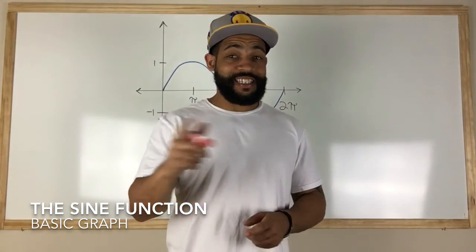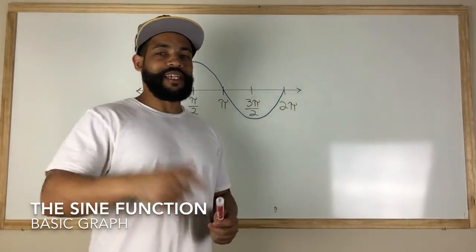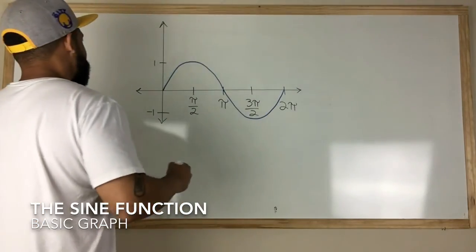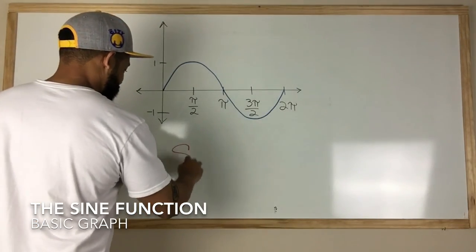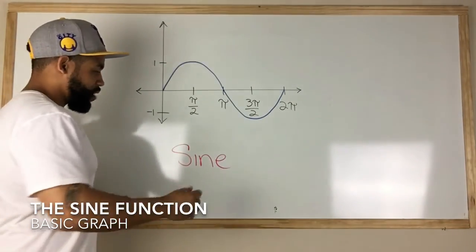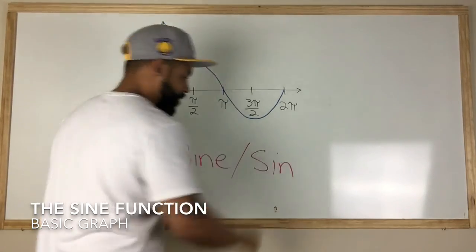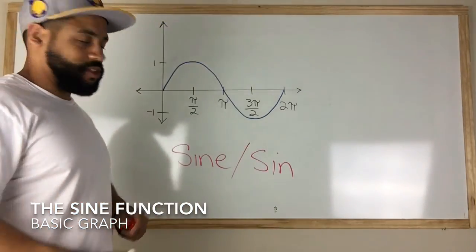Okay, sine, S-I-N. That's how you see it most of the time, but it's actually S-I-N-E. So we have the sine function. It looks like that. Now we also see it as just S-I-N, but that's the sine function, okay?